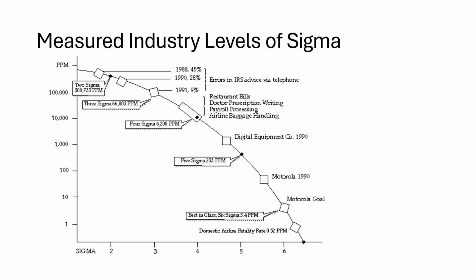Y'all see that? When it goes from a 2 sigma to a 3 sigma in 1991. Now, let's look at the 4 sigma very carefully. When it comes to restaurant bills, doctor prescription writing, payroll processing, airline baggage handling.